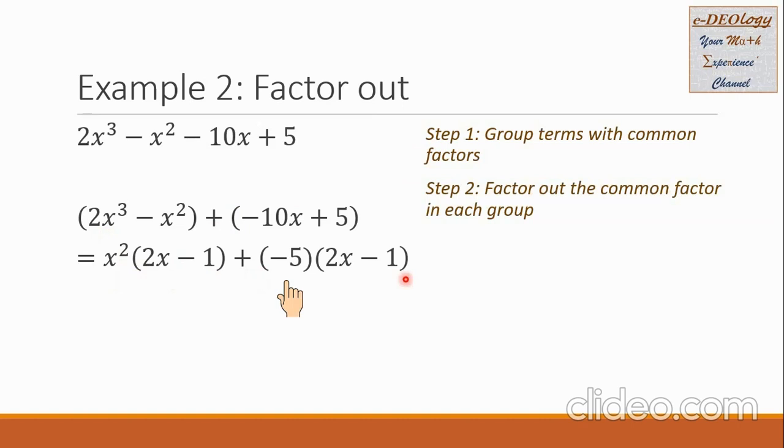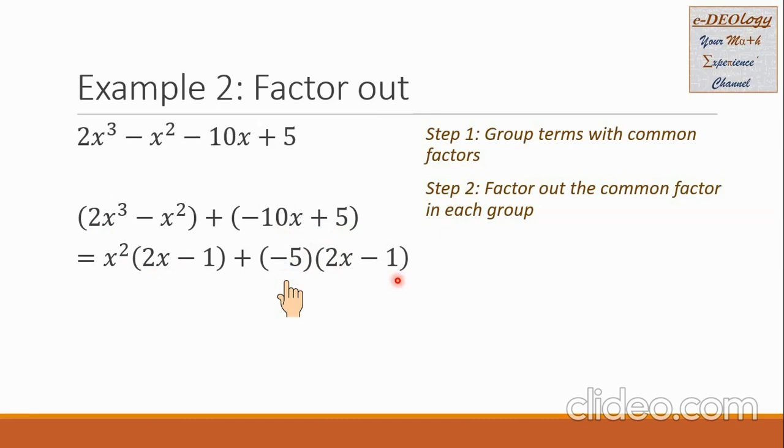In the second group, the common factor is 5, but I should write -5 so that later the binomial here will be the same as the 2x minus 1 of the first group. So if I pull out the -5, what remains here is the 2x minus 1.